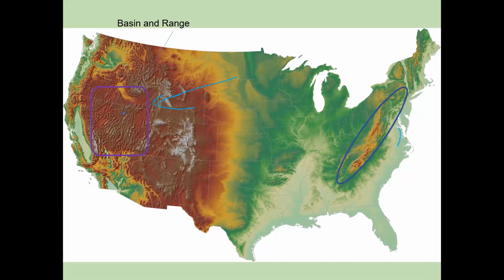is a geologic region. We have the Piedmont, which is a geologic region. We have the Blue Ridge, which is a geologic region. We have the Ridge and Valley, and we have the Plateau area.